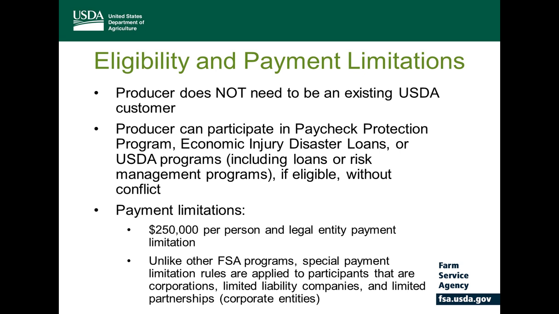And when I say payment limitations, USDA has a $250,000 per person legal payment limitation. Now, unlike some of the other FSA programs, special payment limitation rules are applied to participants that may be corporations, limited liability companies, limited partnerships, corporate entities.